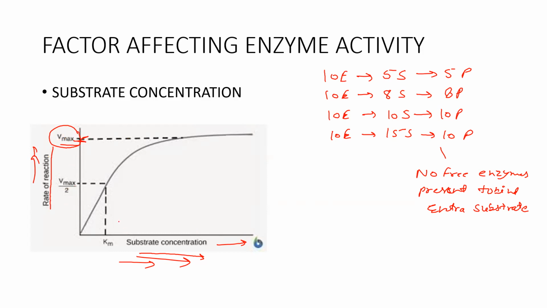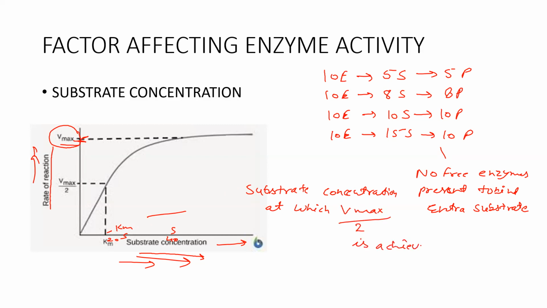So if you get Vmax at 40 substrate, you will get half of it at 20 substrate. That is represented by Km. What is Km? Km is the substrate concentration at which Vmax by 2 is achieved.